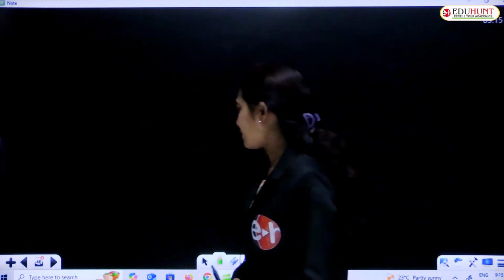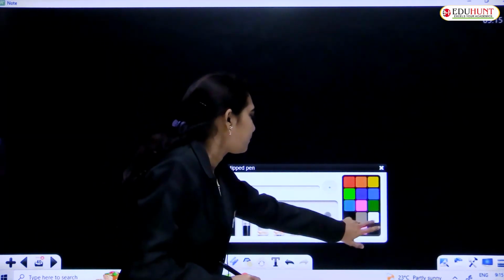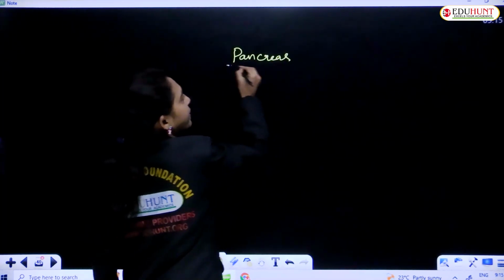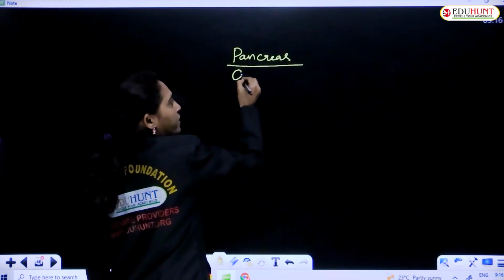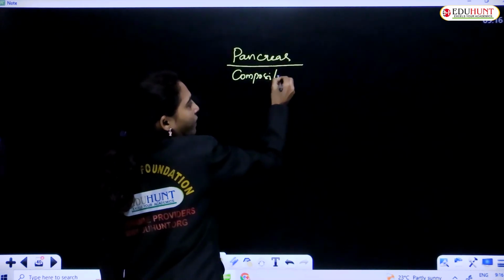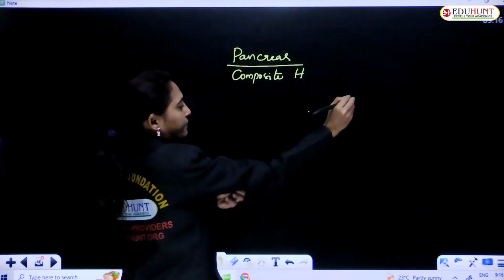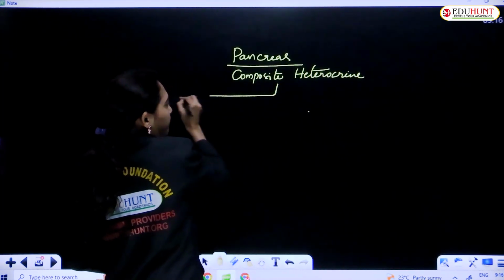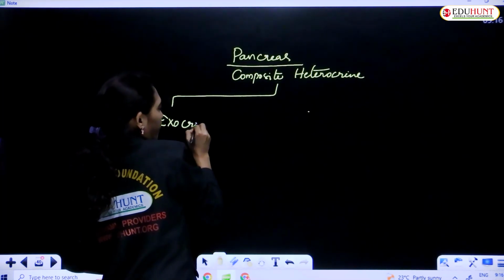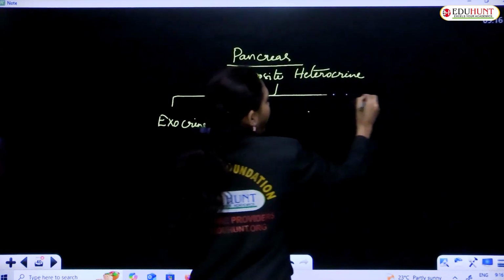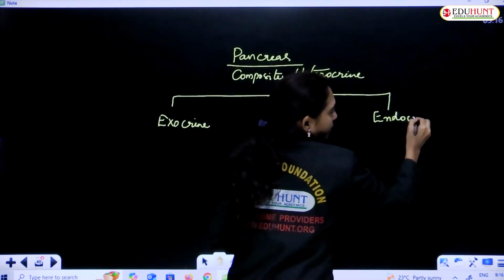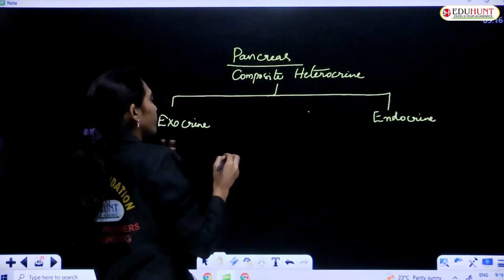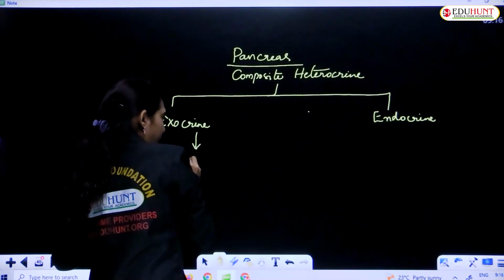Let us see the pancreas. The pancreas is a composite heterocrine gland, which has both exocrine and endocrine parts. The exocrine part releases pancreatic juice.